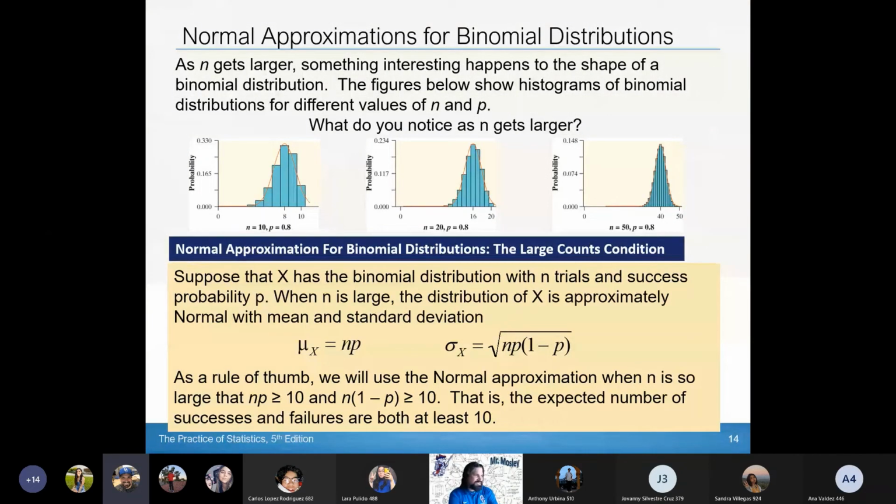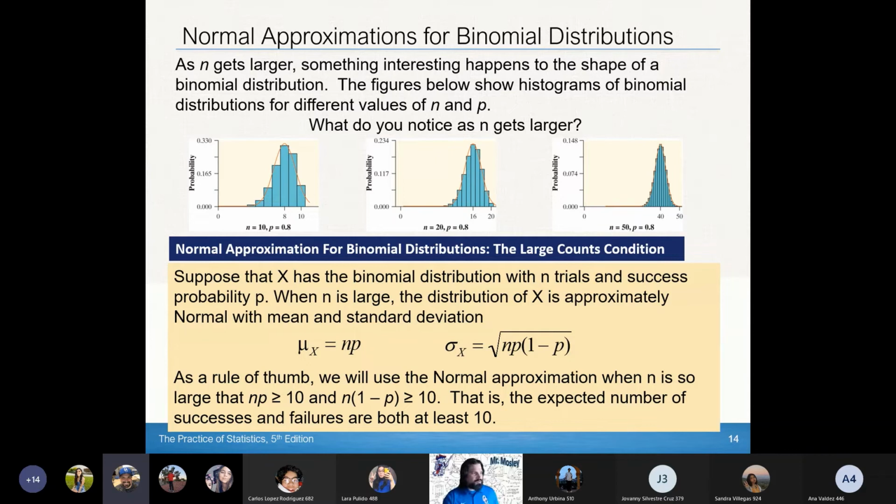Suppose that X has the binomial distribution with n trials and success probability P. When n is large, the distribution of X is approximately normal with mean and standard deviation. Mu of X, or mean of X, is np. Standard deviation is the square root of np times 1 minus p.